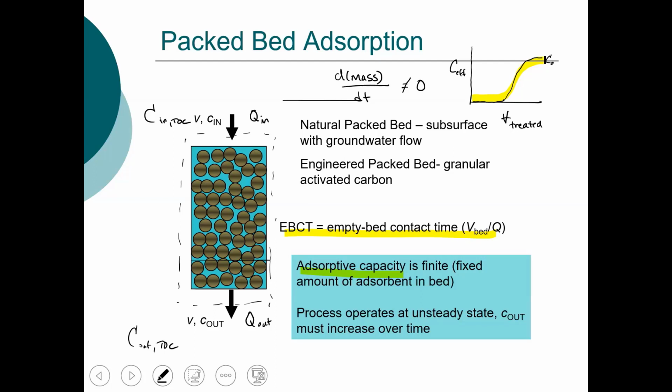If you have any sort of filter, a Brita type filter on your faucet or on a pitcher, the same process occurs. That's why you have to change the filters on a regular basis, because the adsorption media in that filter has a finite capacity.